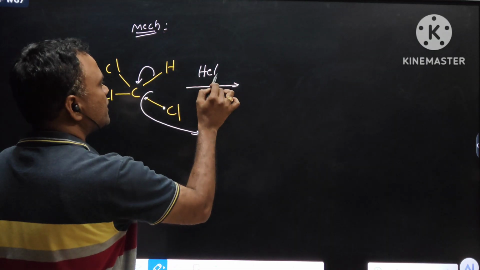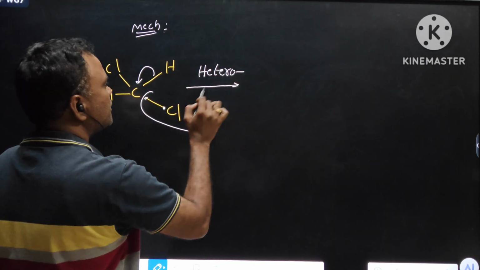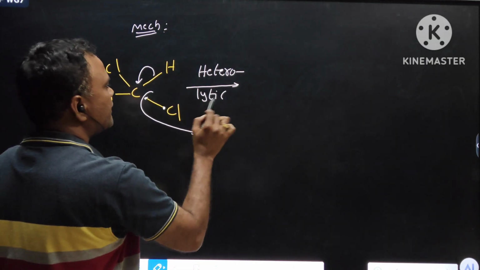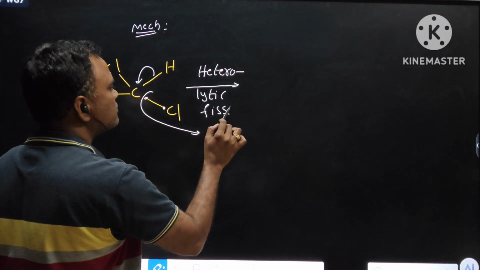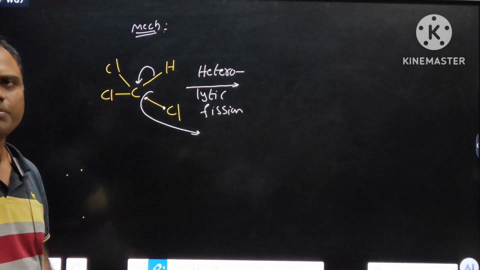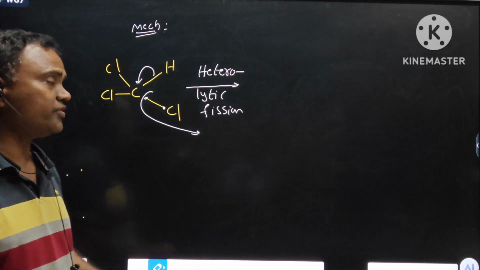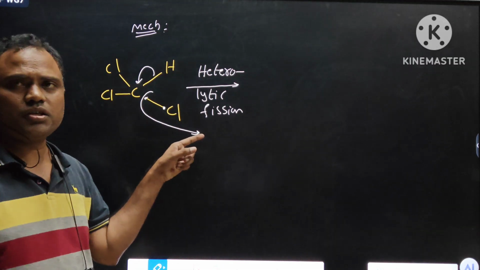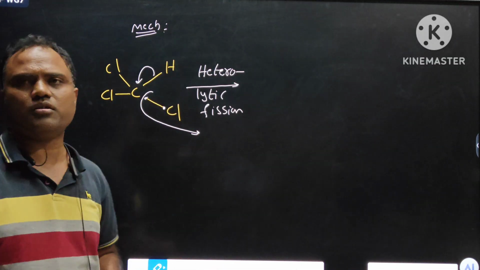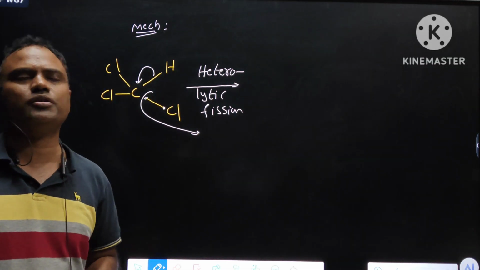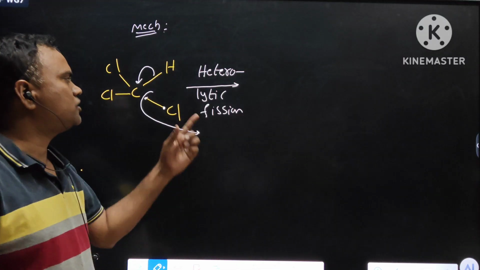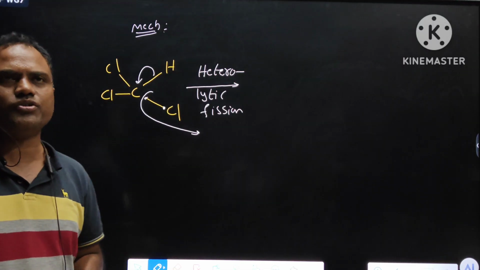This is called heterolytic fission. This type of cleavage is called heterolytic fission because chlorine is taking a complete bond pair of electrons. Two electrons are taken by the chlorine. So it is called heterolytic fission.